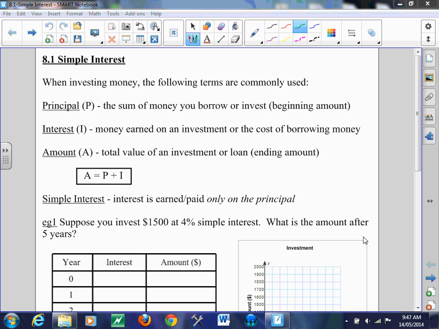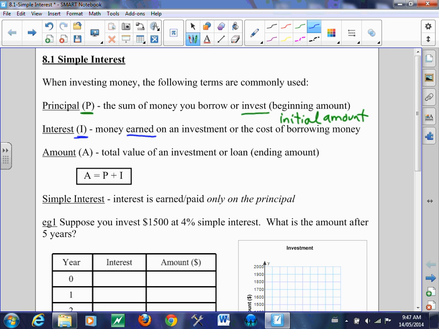So just remember, guys, when investing money or borrowing money, the following common terms are used. Principal, capital P, is the sum of money that you borrow at the beginning. So that is your initial amount. Another word they call that is beginning amount. Okay? I, interest.